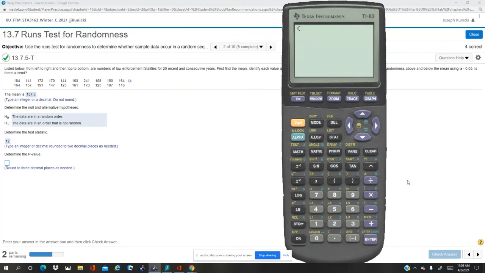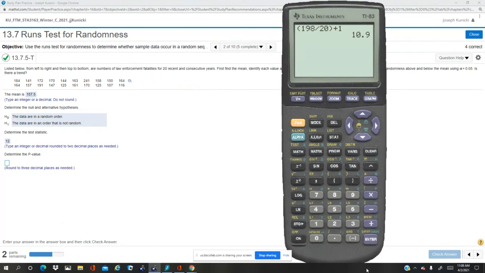That's 2 times 9 times 11. That's 198, divided by n1 plus n2, that's 20, plus 1. So 10.9, that is mu.